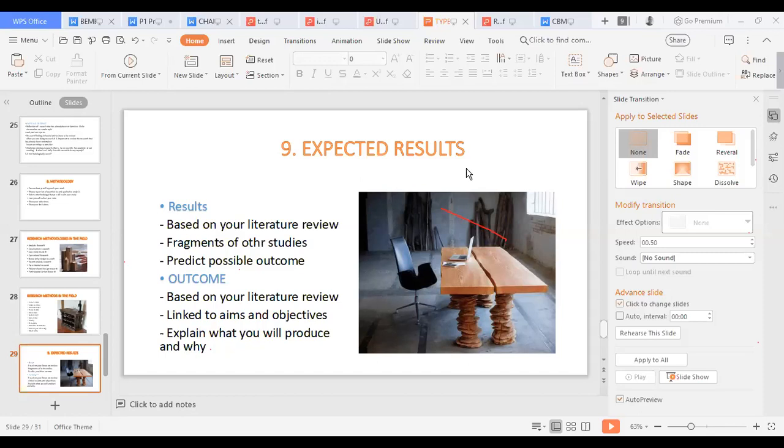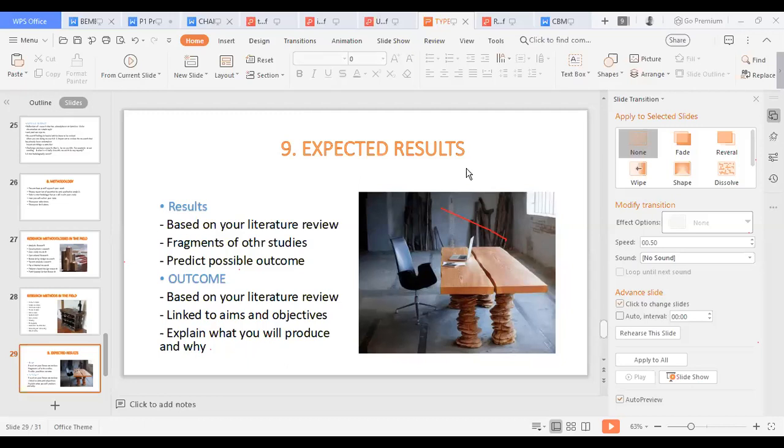After going through all those concepts, theories, and research findings done by other scholars on the same research topic, you will need to explain what you will produce and how significant that will be to the body of knowledge. Of course, it has to be different from what other people have found.